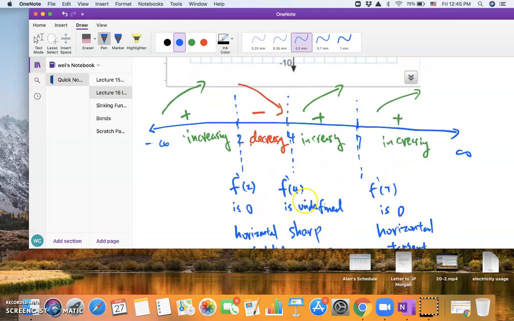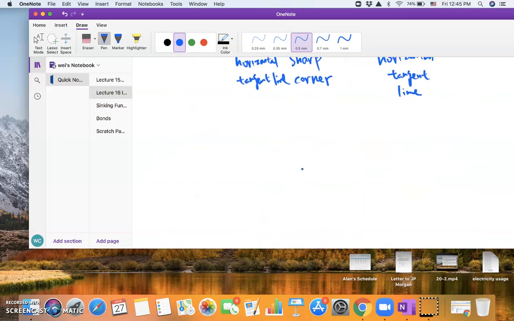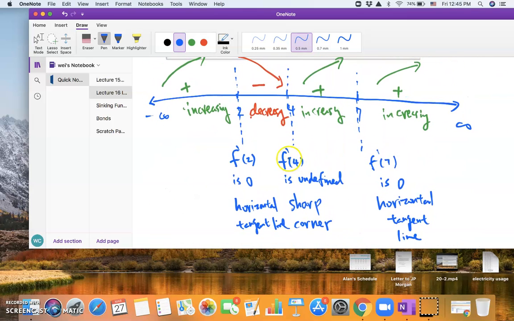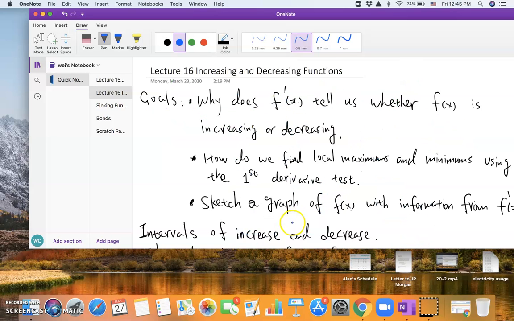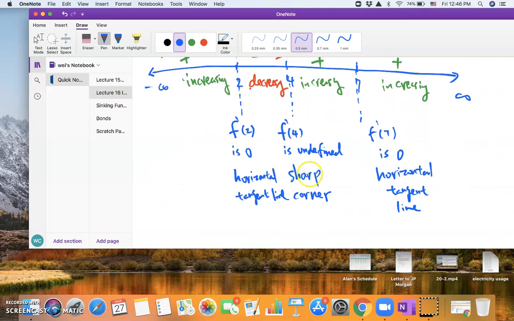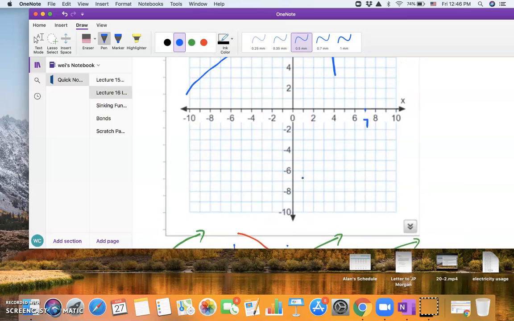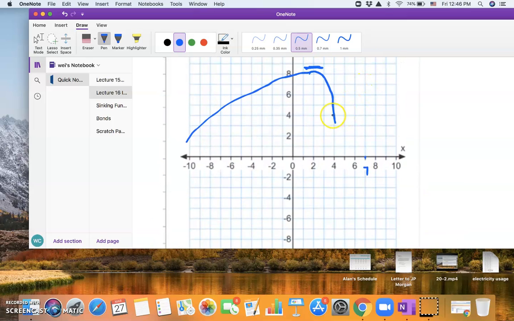Because at x equals 4 the derivative does not exist, the graph is going to have a sharp corner. So here we should have a sharp corner at x equals 4.